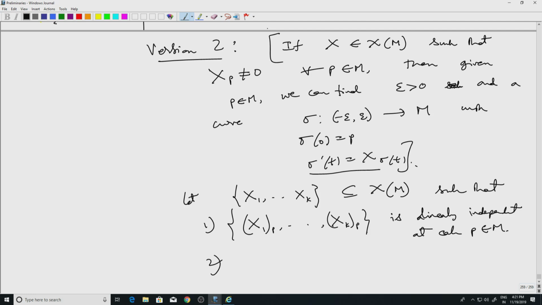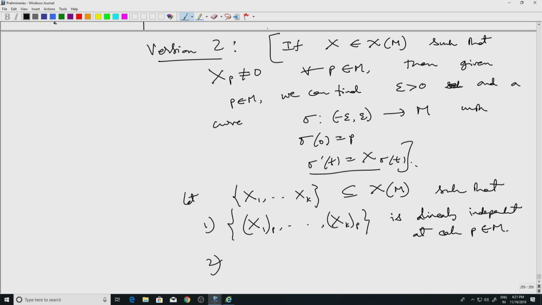If you have a finite number of vector fields, then we want to know when they form the vector space they form at each point. When is it the case that the subspace of this vector space is actually tangent to a submanifold?